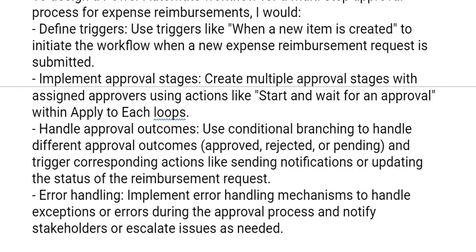Use conditional branching to handle different approval outcomes, approved, rejected or pending, and trigger corresponding actions like sending notifications or updating the status of the reimbursement request. Error handling. Implement error handling mechanisms to handle exceptions or errors during the approval process and notify stakeholders to escalate issues as needed.